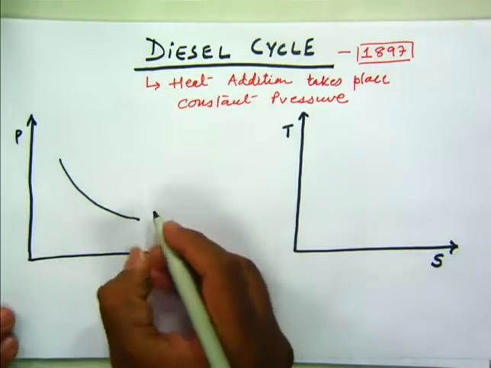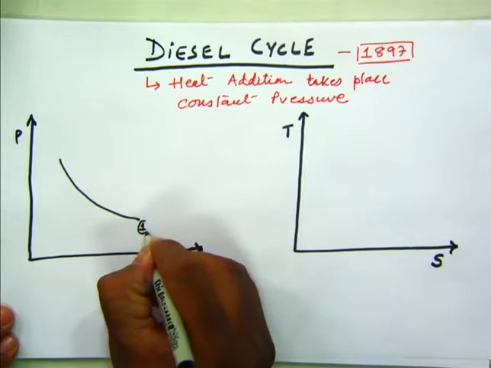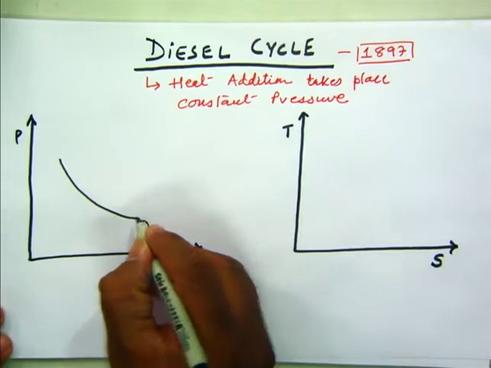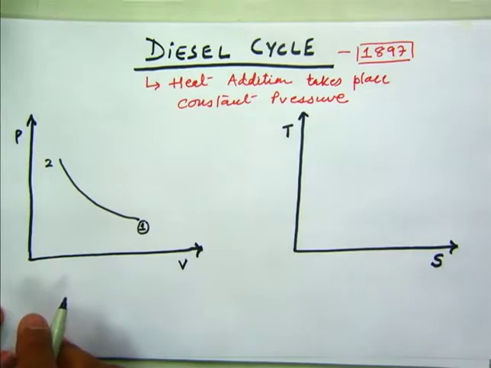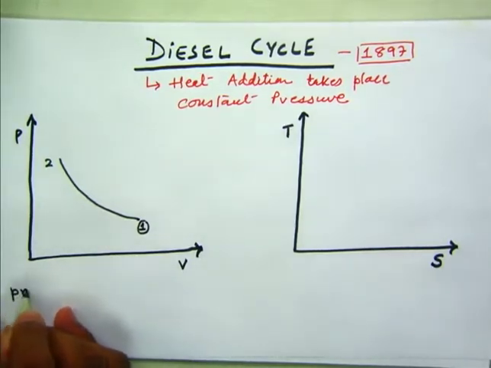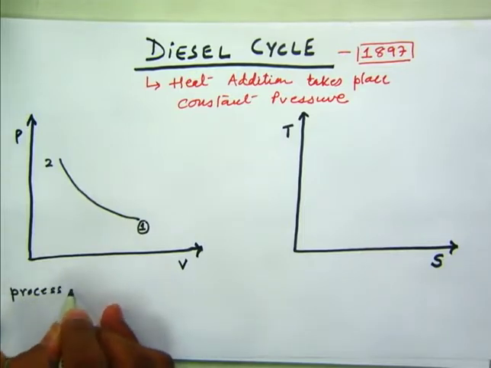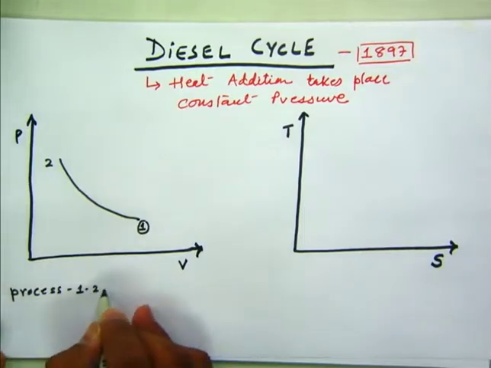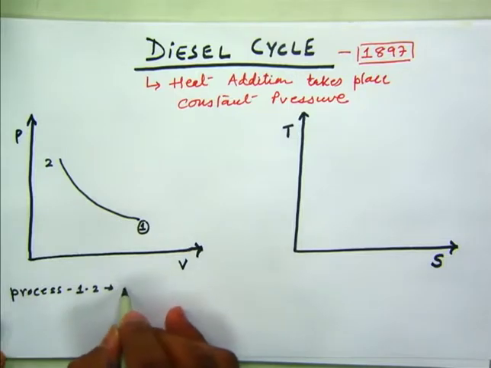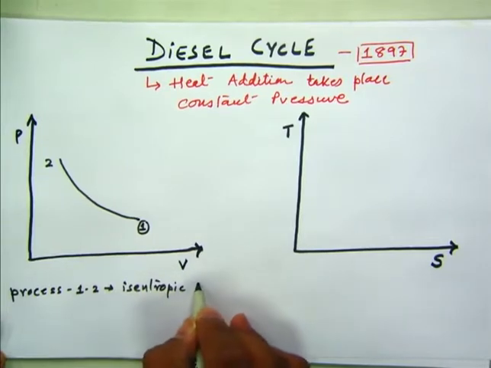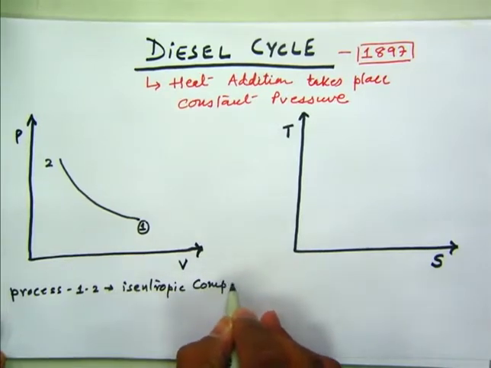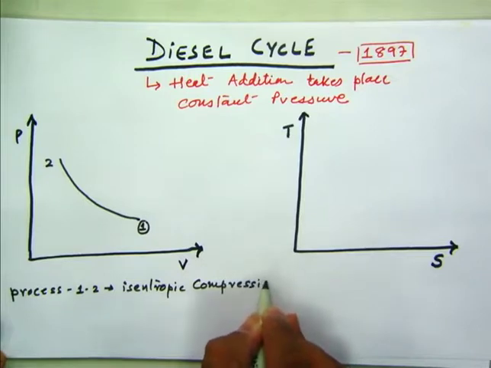The process from 1 to 2 is isentropic compression.